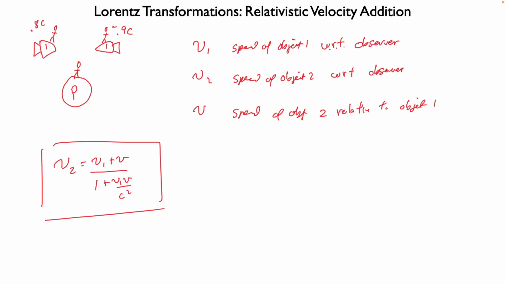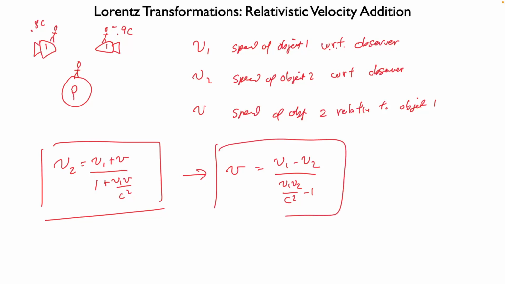So that helps us find V2, but quite often what we're trying to find is the relative velocity between the two moving objects. And so what I've done for you, and what books tend not to do for you, is I've solved the thing in the box for V. It's going to be V1 minus V2 all over V1 V2 over C squared minus 1.